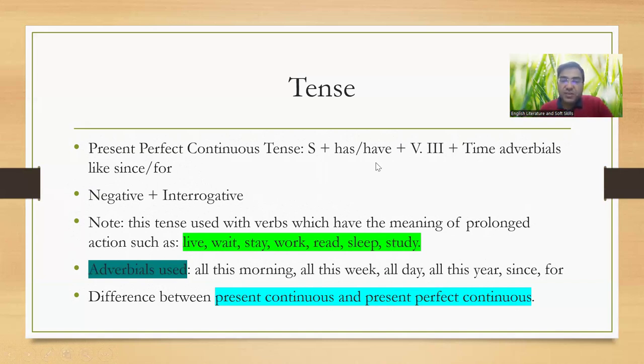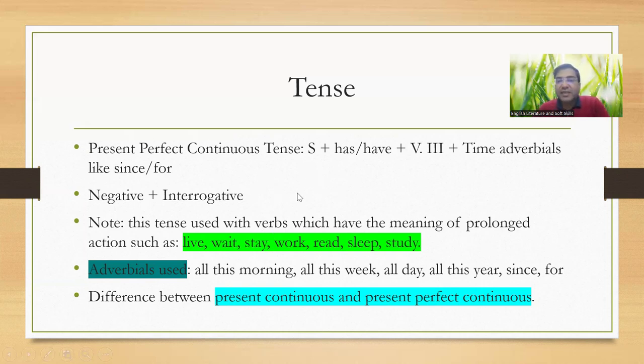The sentence structure is subject plus has or have, plus been, then the verb with ing, and then time adverbials like since or for. Negative and interrogative sentences we can make by putting has or have before the subject.